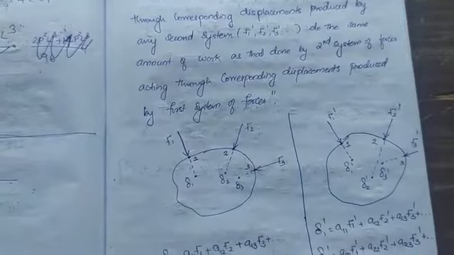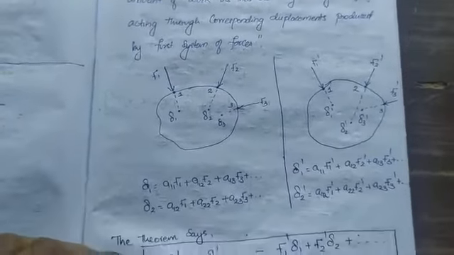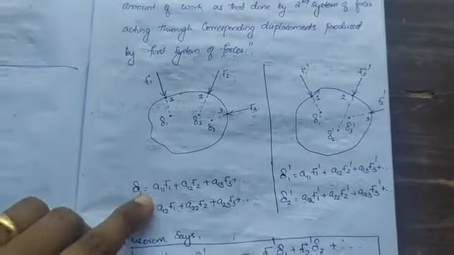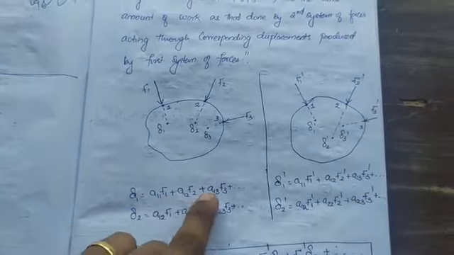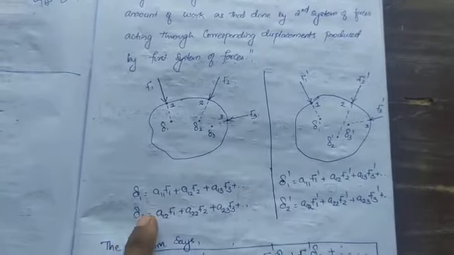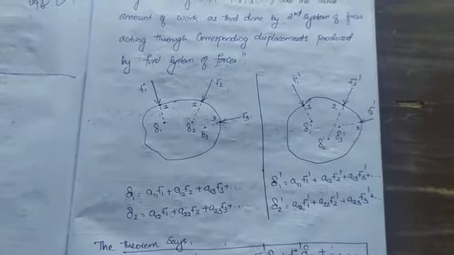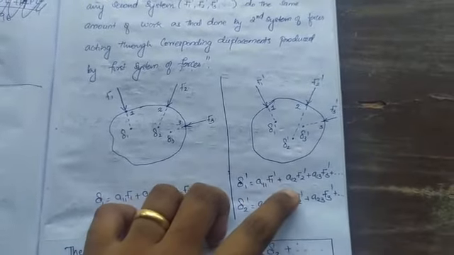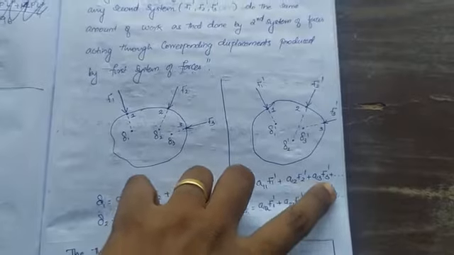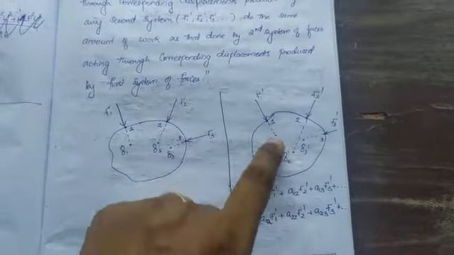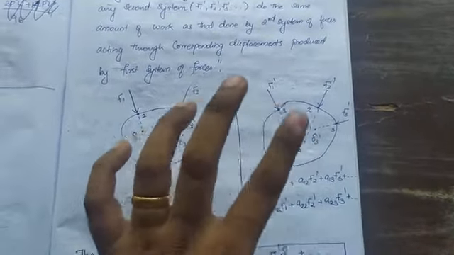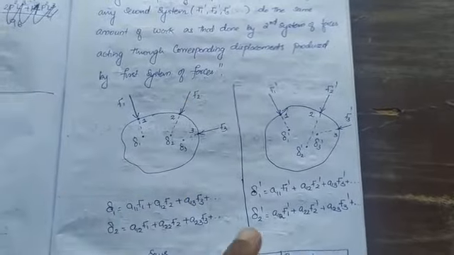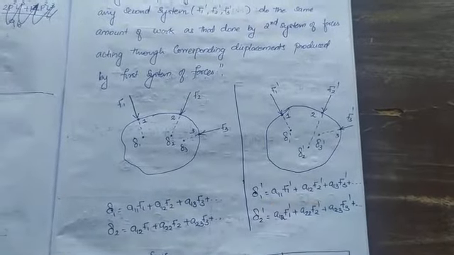We will prove that. You know that in this case delta 1 is A11 F1 plus A12 F2 plus A13 F3 etc. Delta 2 will be like this and it will go on like this. Similarly, delta 1 dash will be A11 F1 dash plus A12 F2 dash plus A13 F3 dash. Here the object is not changing and the points are not changing, that is why we get the same influence coefficients.